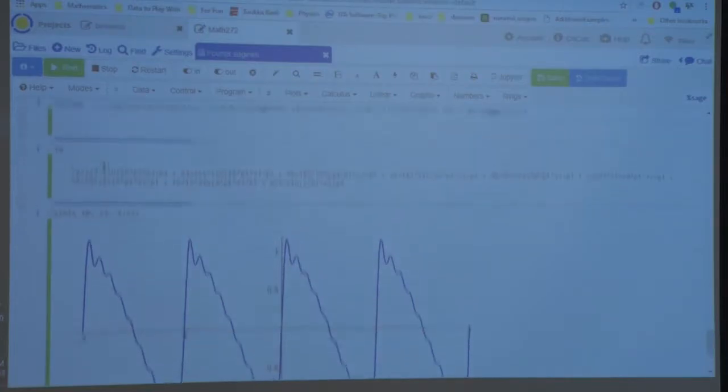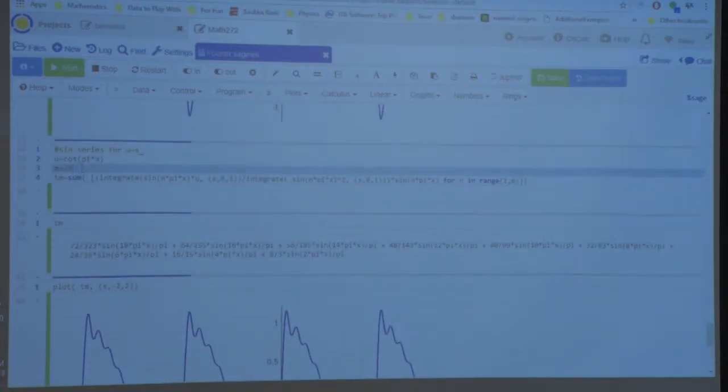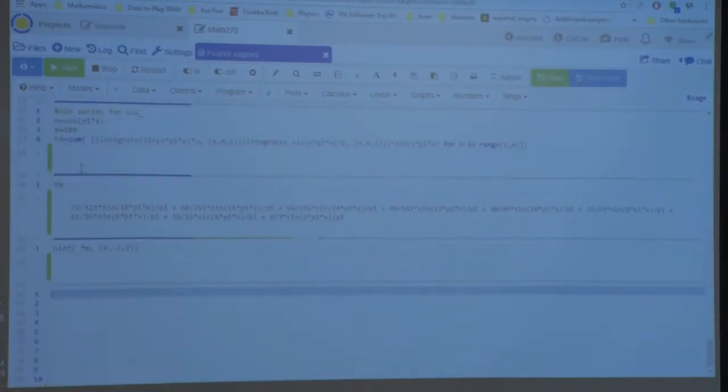So let's see if we can increase it to see the shape. Let's go to 100. More m. Eventually, if you play with these things and try to increase terms too much, it breaks.